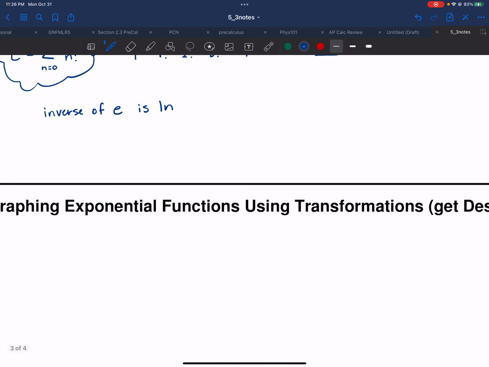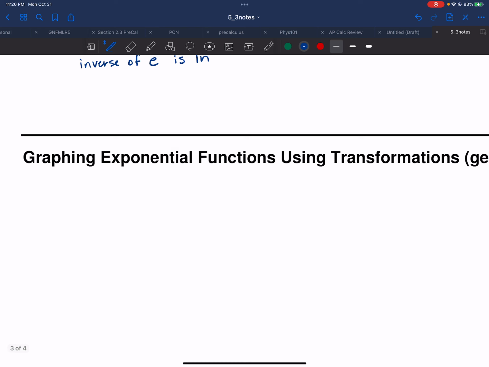All right, let's graph exponential functions so we can talk about what happens when we look at transformations. Let's look at the function f of x equals negative e to the x minus 3. Something like this, we're going to dive into Desmos because I wouldn't necessarily expect you to be able to pull this up off the top of your head.